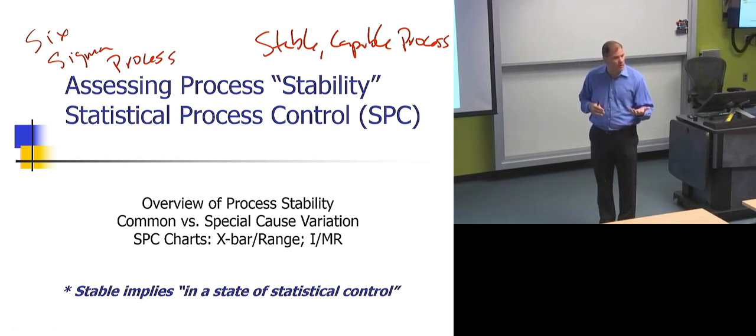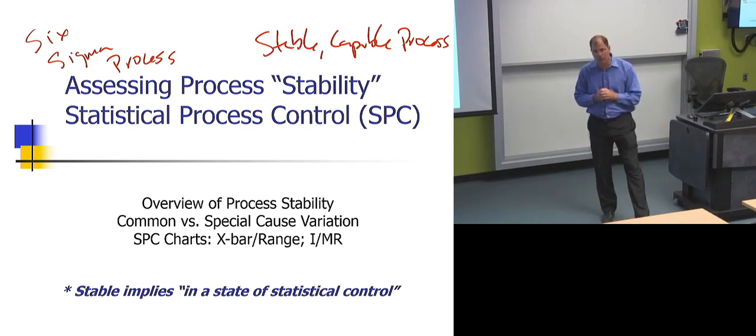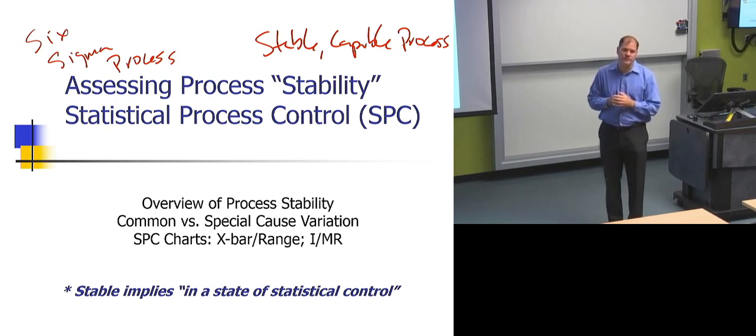Another definition for stable would be what? Consistent, repeatable. In this class, we'll go a little further and say that a stable process is one which is in a state of statistical control.